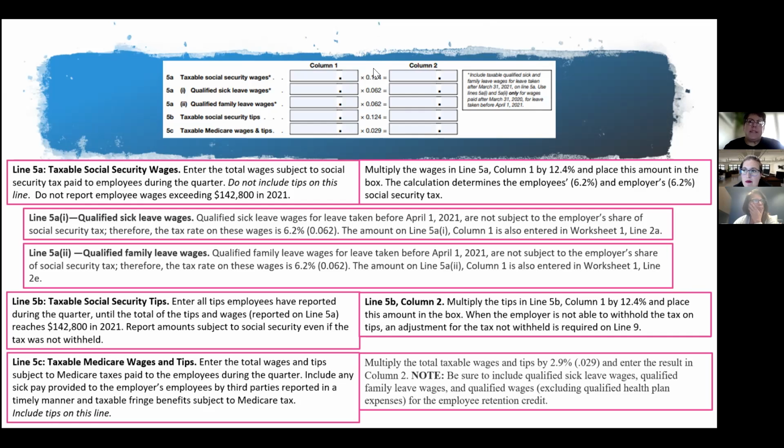Okay, this is where it gets a little fun. This is where they decided to get a little complicated with the COVID stuff. So line 5A is a very typical one, taxable Social Security wages. These are all wages that are subject to Social Security, up to wages of $142,800, which is the cap for 2021.